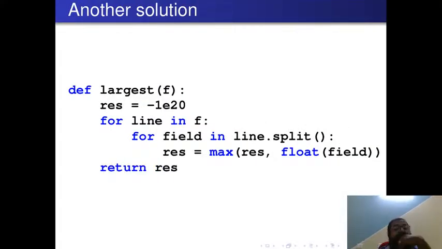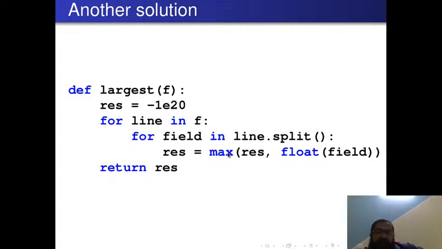Another solution is, let's say we have defined the largest function and the result as a negative number, minus 1e20. Okay, it's a very big negative number. For line in f, for field in line.split, result is equal to the max of the current value, that is minus 1e20, and the value that I have obtained from the file.